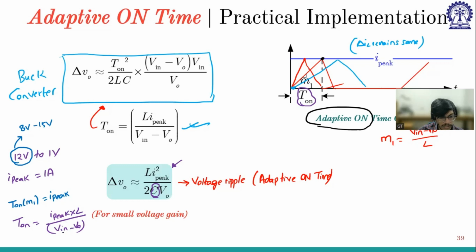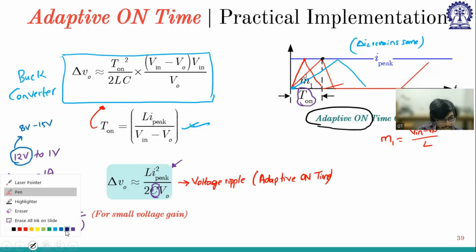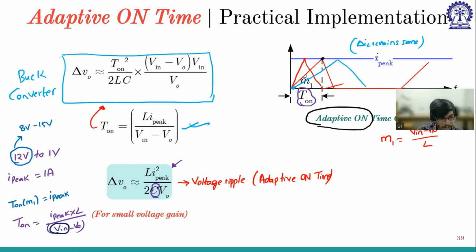As the input varies, for 8 volt it will have one T on, and for 15 volt a different T on. That T on is calculated by our controller itself, so the controller takes care that the peak remains the same and the on time is variable.